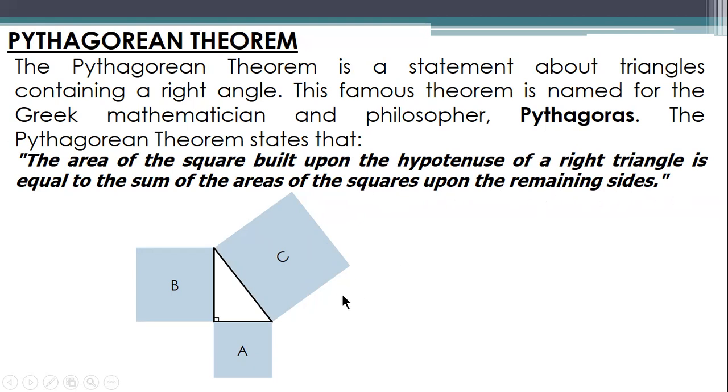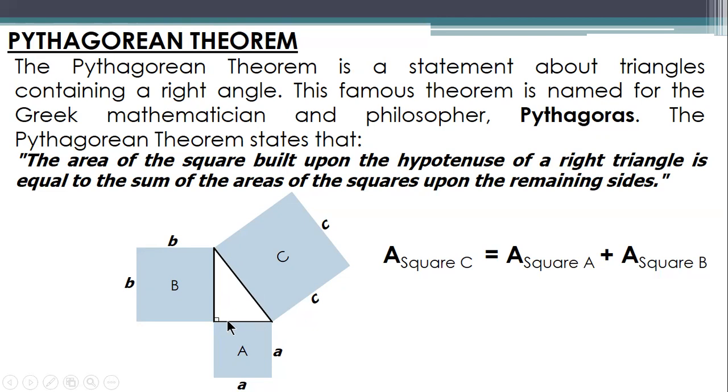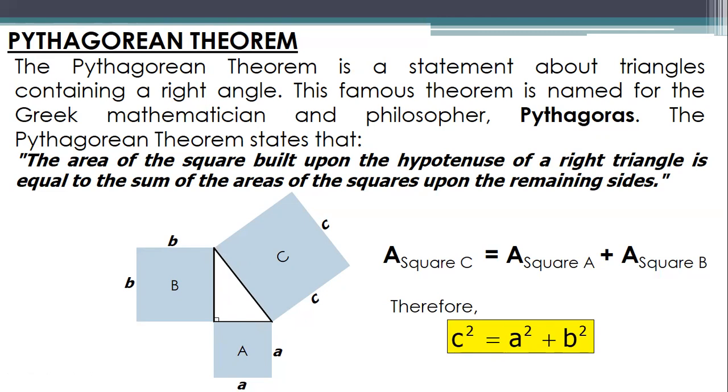The squares upon the remaining sides refer to squares A and B. So, the area of square C is equal to the area of square A plus the area of square B. If we denote the side of square A as a, the side of square B as b, and the side of square C as c, then c squared is equal to a squared plus b squared. And this is the Pythagorean theorem.